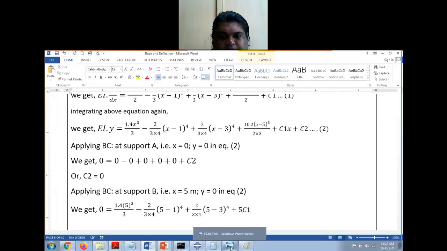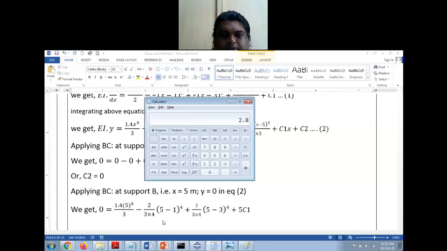Right? Now let me just try to solve this. This is 1.4 into 5 cube by 3 minus 2 into 5 minus 1 is 4, 4 raised to 4 by 3 fours are 12 plus 2 into 5 minus 3 is 2, 2 raised to 4 by 3 fours are again 12.